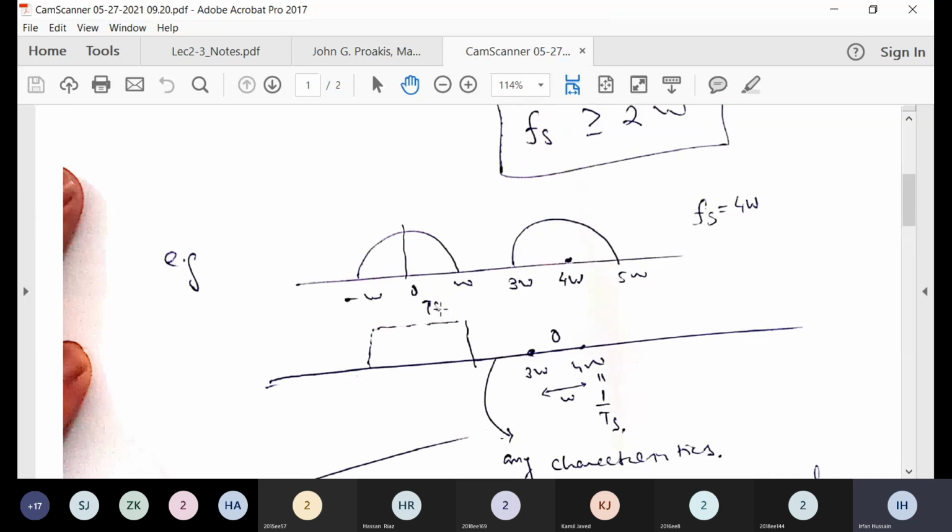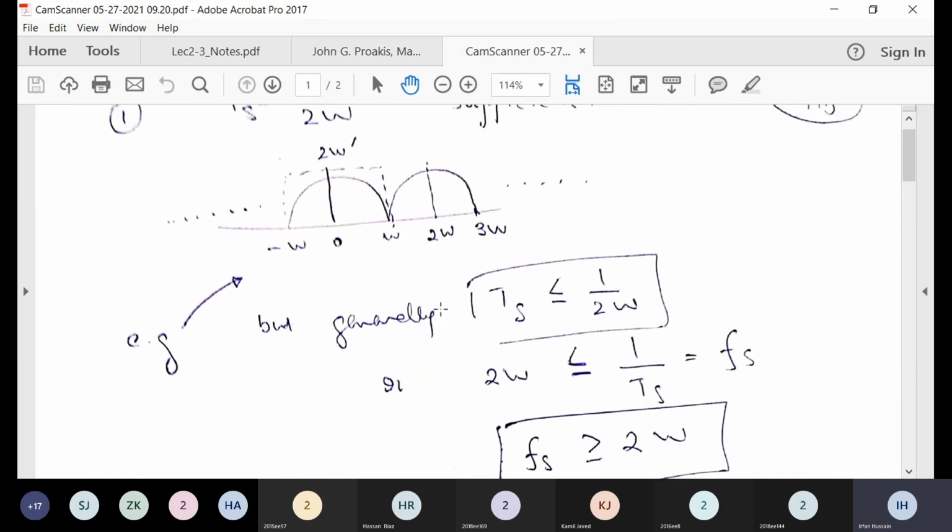In this case, you could see here that you are sampling at 2W. This is the original signal, and this is its copied version coming at the sampling frequency.